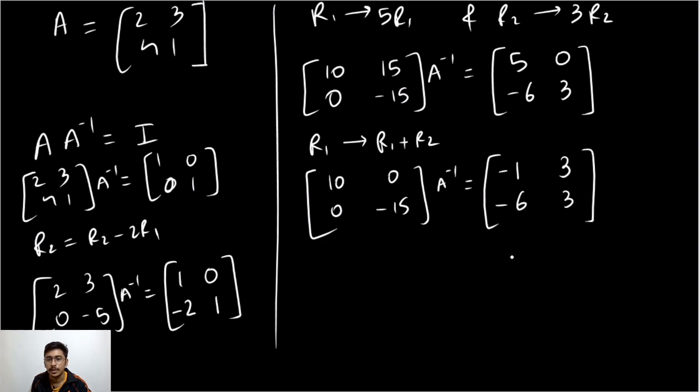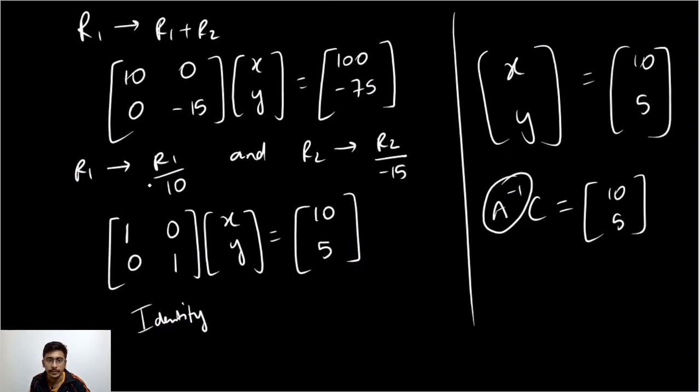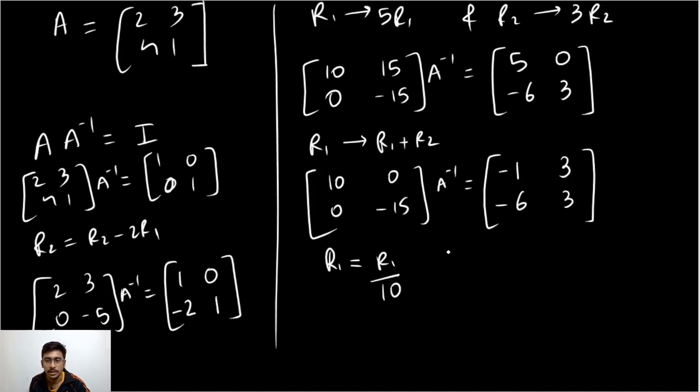Yeah, and then I'll simply say R1 is R1 divided by 10, correct? So I'll write R1 equals R1 divided by 10. R1 became R1 by 10 and R2 became R2 by minus 15.